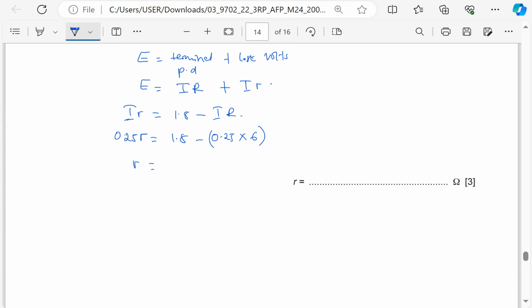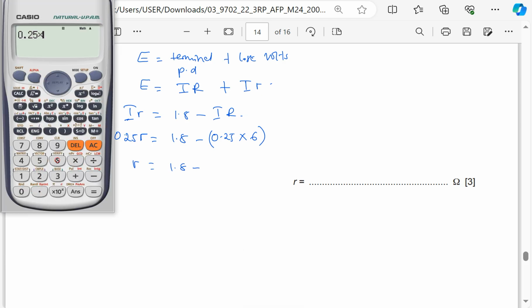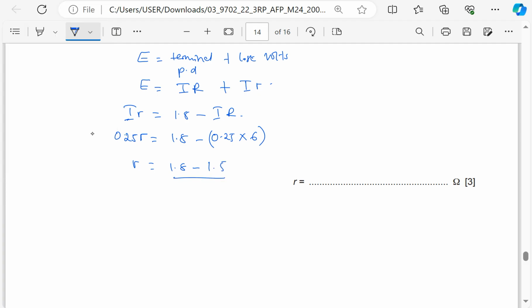So small r is going to be 1.8 minus, what is 0.25 times 6? That is 1.5. Then I divide this by 0.25.